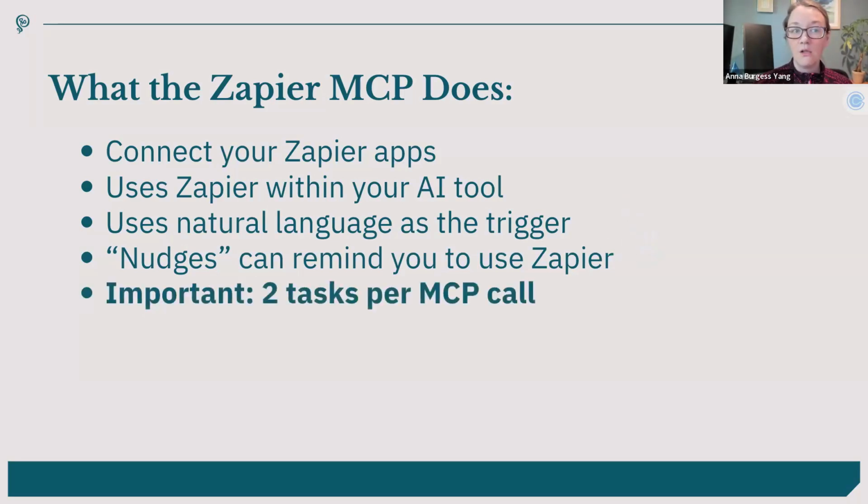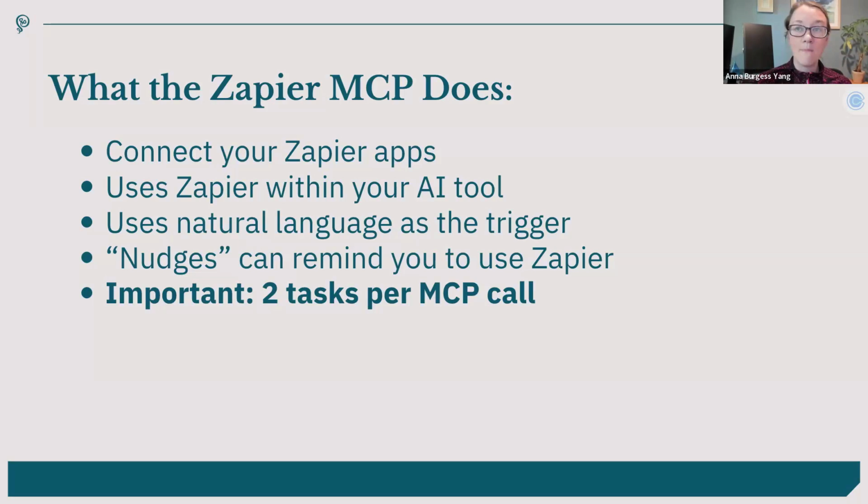Really important is that each time you call the Zapier MCP, it uses 2 tasks. Zapier's plans allow a certain number of tasks per month, and each time an action happens in Zapier, that is 1 task. If you use the MCP, that's 2 tasks.